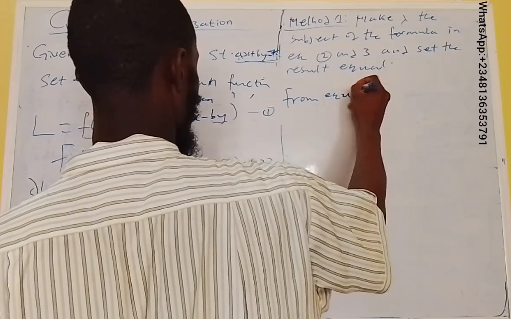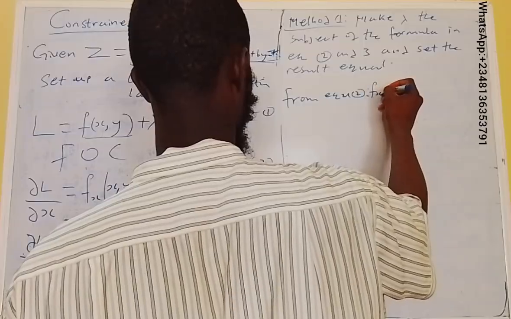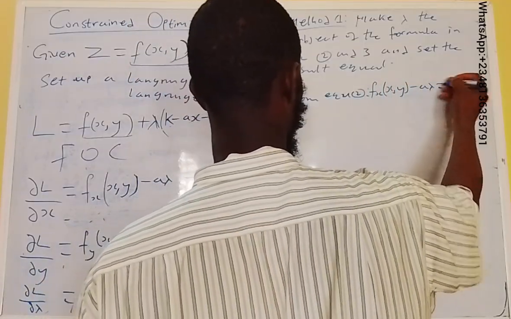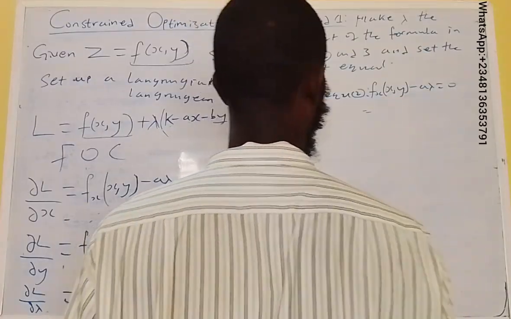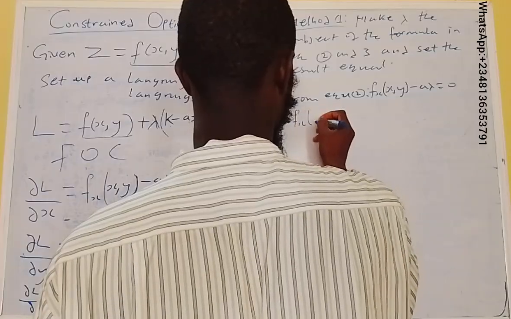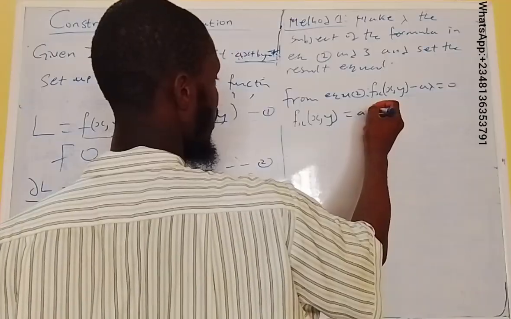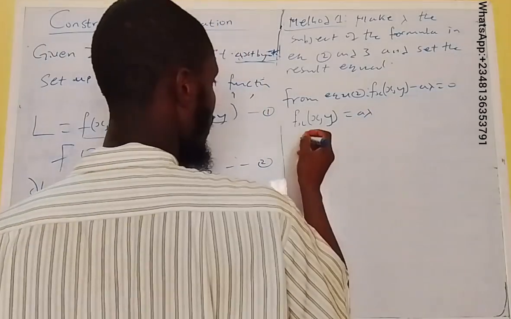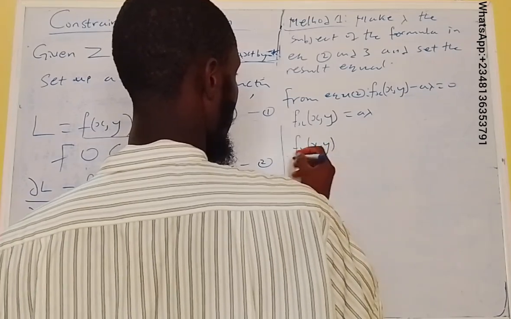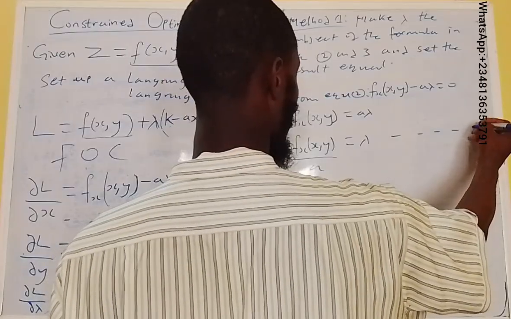So, for example, from equation 2, I have f_x(x, y) minus a lambda is equal to 0. If I make lambda the subject of the formula, I have f_x(x, y) equals a lambda, so f_x(x, y) over a equals lambda. I can call this equation 5.